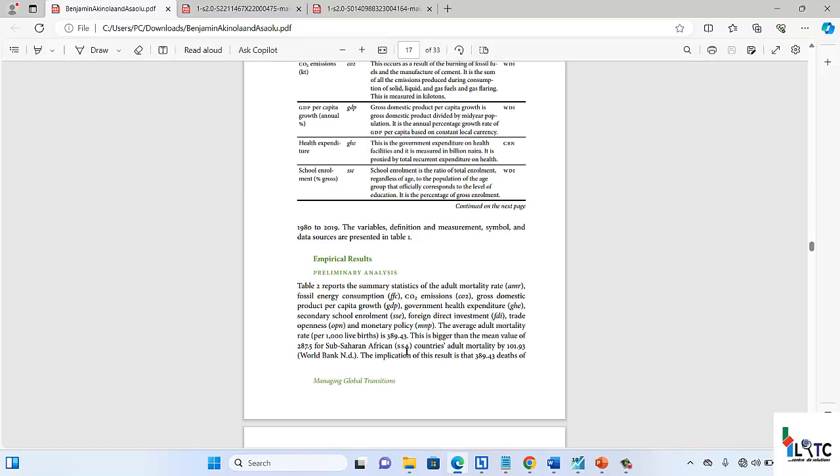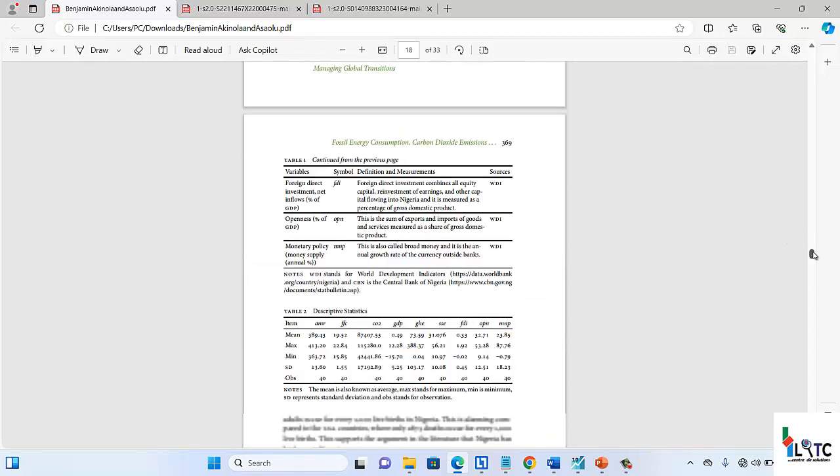You know, Nigeria is part of sub-Saharan Africa. So they compared what the average is in Nigeria and what the average is in sub-Saharan Africa, so that readers will see what Nigeria as a country is consuming, or the performance of Nigeria compared to the performance of sub-Saharan Africa as a whole. Now let's look at the next statistics.